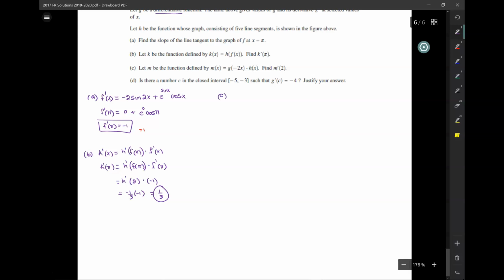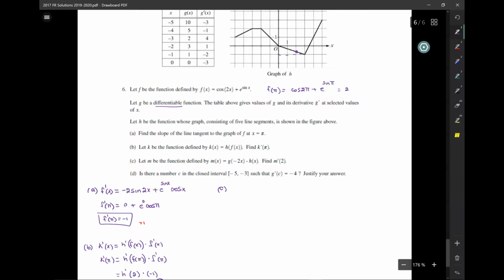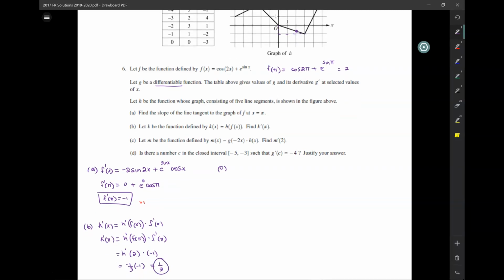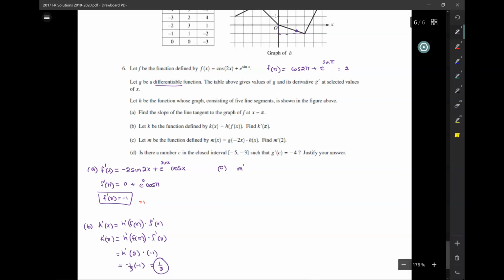Okay, C. Let m be the function of this. Find m prime of 2. Okay, so m prime of x is g prime of negative 2x times negative 2. I'll put that in the front. Oh, sorry, this is product rule.